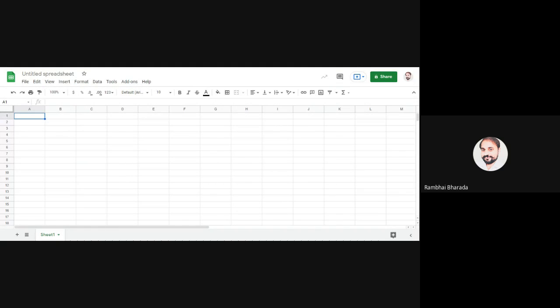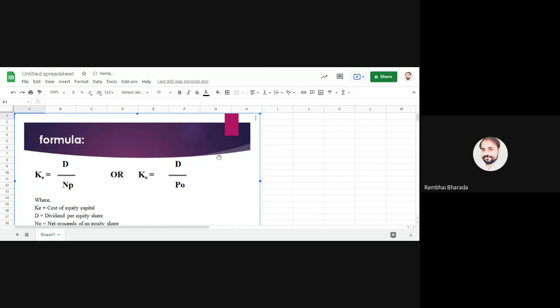See, this blank sheet is visible to you, everyone? We are discussing this formula. KE is equal to D divided by NP. D stands for dividend per share.